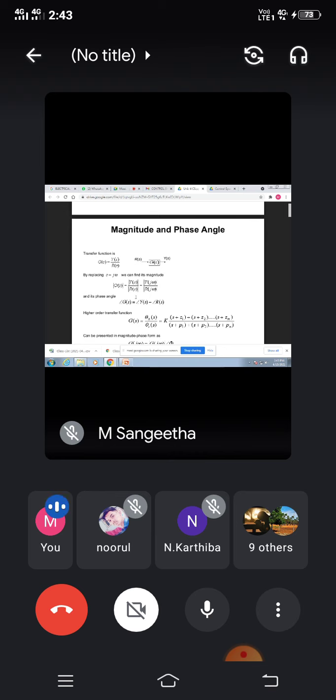I insisted every s has to be represented as j omega. Like that concept, we have Y of j omega, R of j omega, and we take phase angle and magnitude for them.